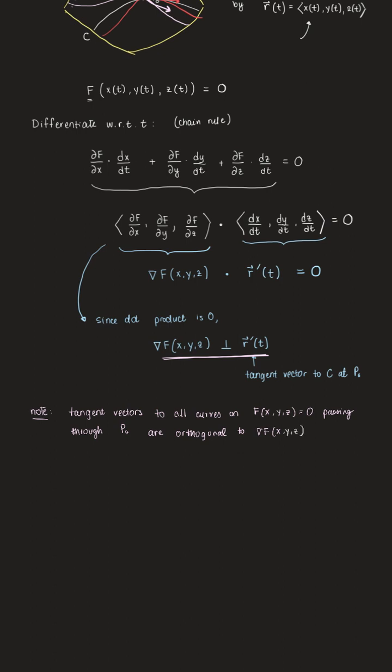That means, if they're all orthogonal to the gradient, that tells us that all of these tangent vectors are on the same plane. So the tangent vectors to all the curves that pass through that point are on the same plane. And that plane that contains all the tangent vectors to our surface, that is our tangent plane. So for sure, given what we found right now, our tangent plane will have as its normal vector the gradient vector.